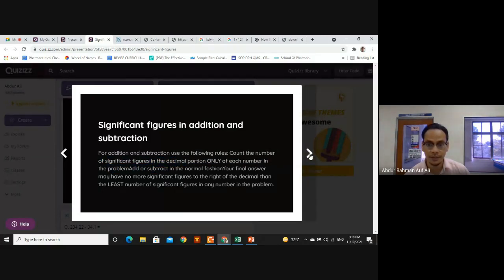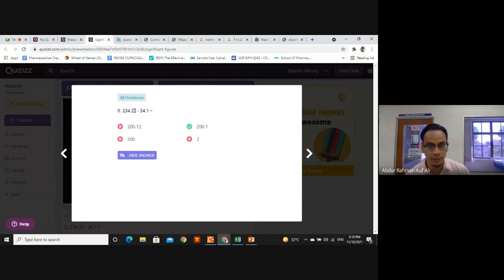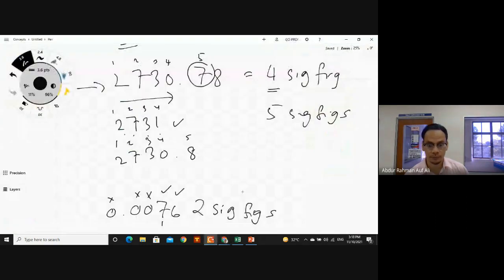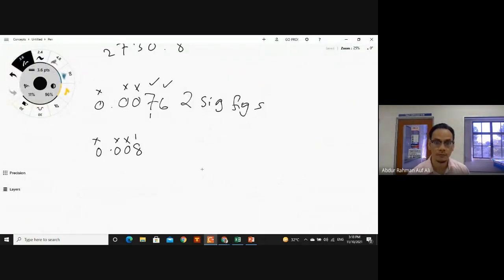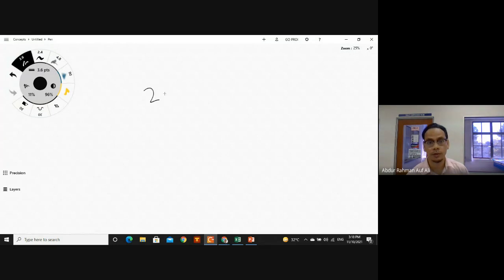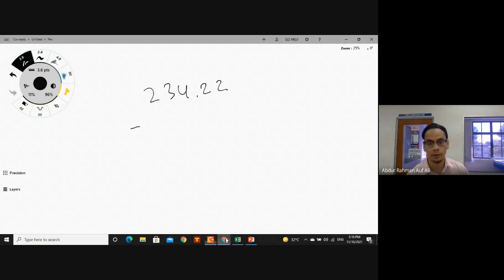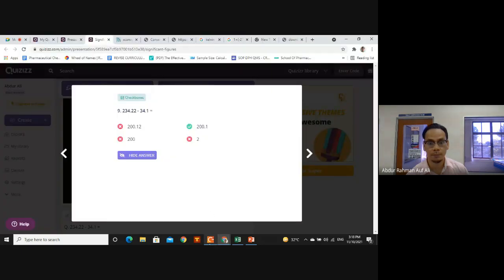So what that means is the significant figures dalam these two mana yang lebih sedikit. So ini 0.22 dengan 0.1. So kita pilih satu significant figures dalam decimal point sahaja. So kalau kamu perform calculation 234.22 tolak berapa tadi? Tolak 34.1.